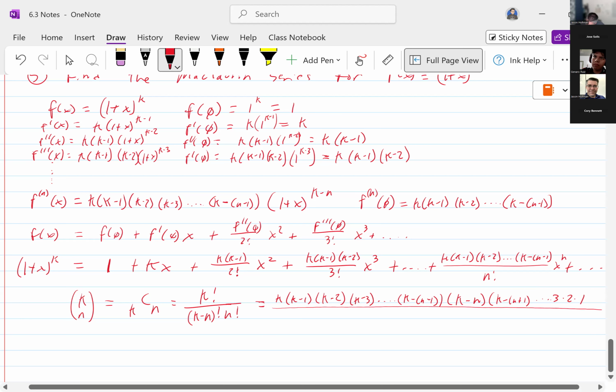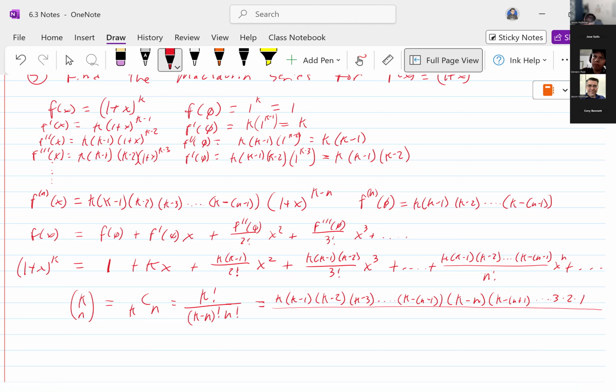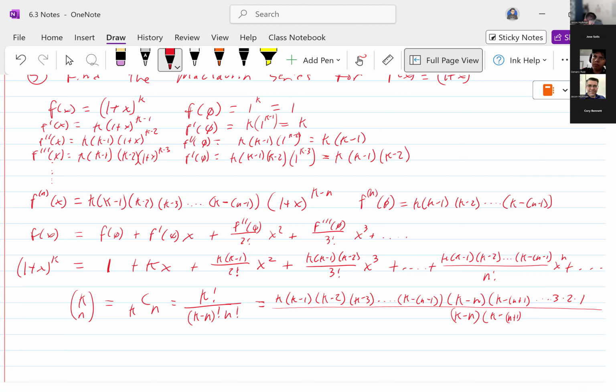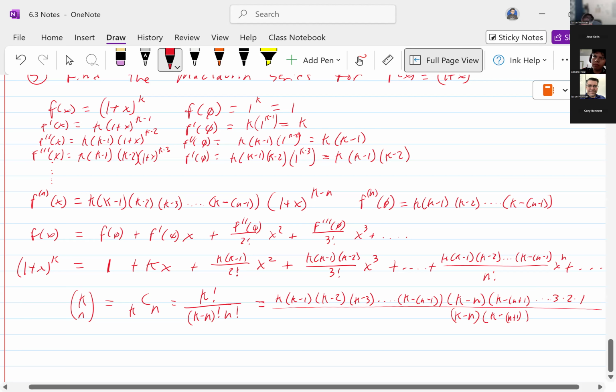All over (k minus n) factorial. I'm going to actually expand (k minus n) factorial as k minus n, k minus n minus 1, and so on, all the way down to 3 and then 2 and then 1, and all of these are going to cancel out.